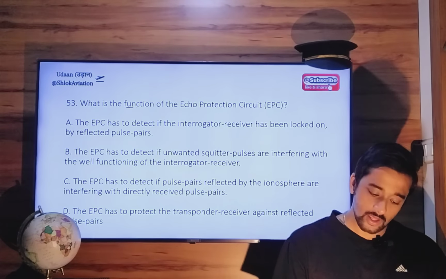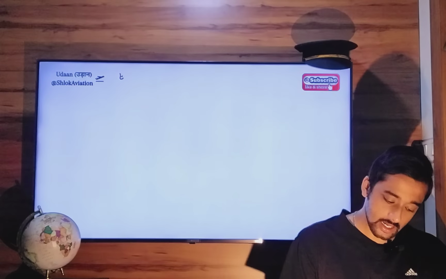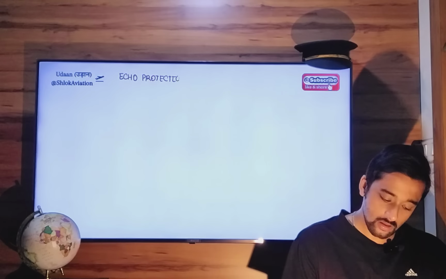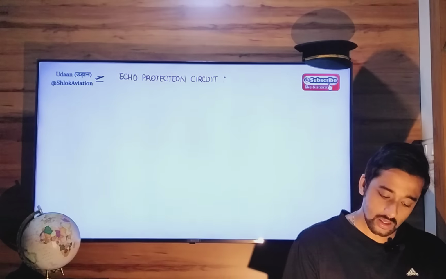What is the function of the echo protection circuit? Now, the function of the echo protection circuit, what is it?